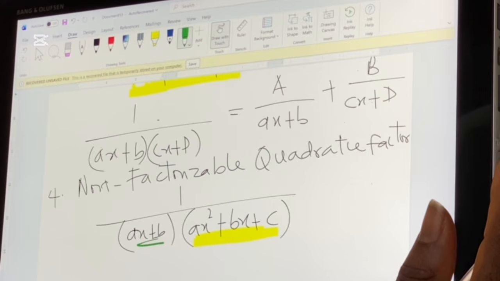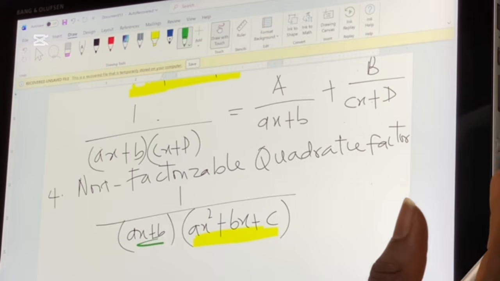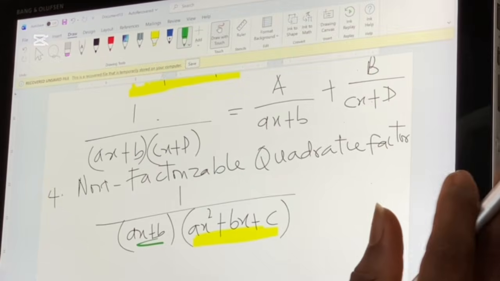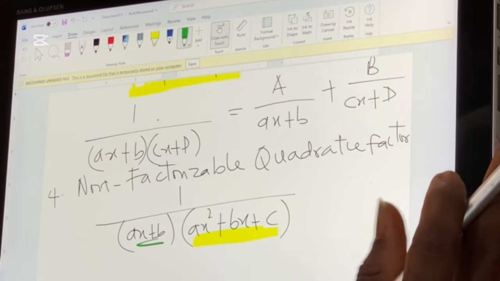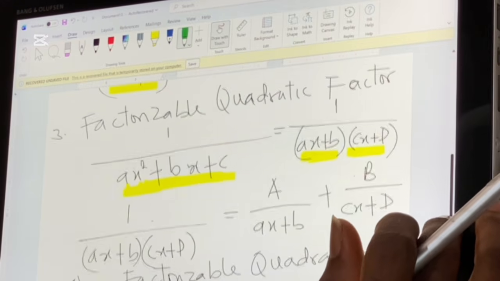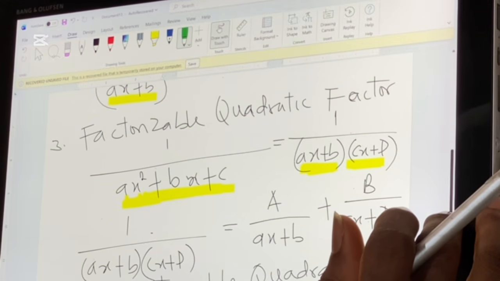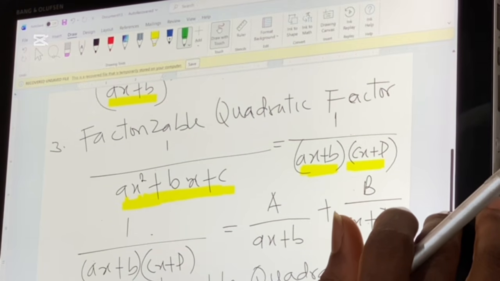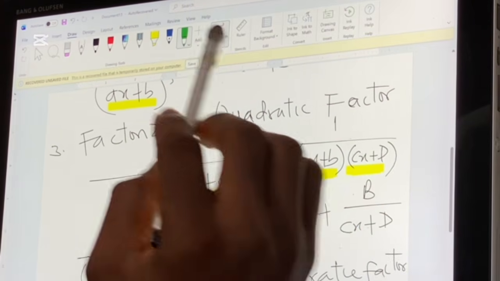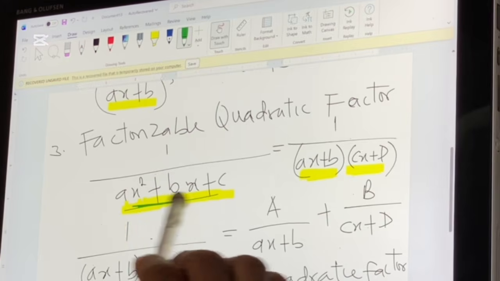So this is how to know when a quadratic factor is non-factorizable or is factorizable. Whenever you have a partial fraction and the denominator part is only quadratic, it means that that particular quadratic can be factorized, just like this one here, class.